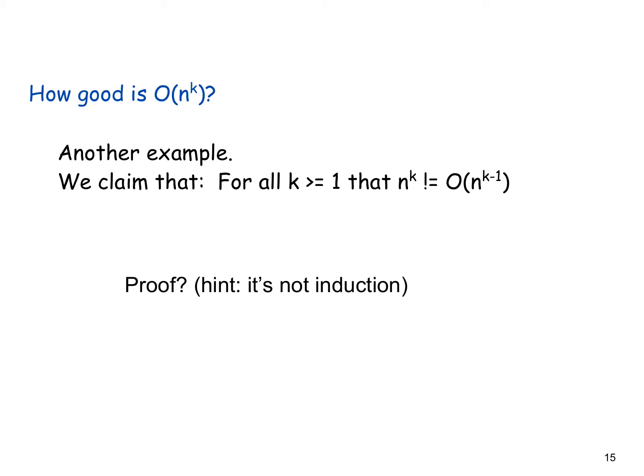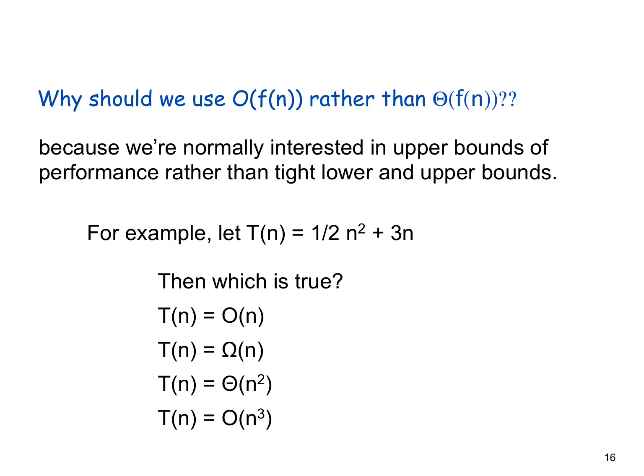Now, that may seem obvious, but it would be nice if we could actually prove that, so that we could say that a function that is big O of n to the k is not big O of n to the k minus 1. And the hint here is it's not an inductive proof. So we can talk about that one later as well, or you could stop the video right now and go off and make that proof.